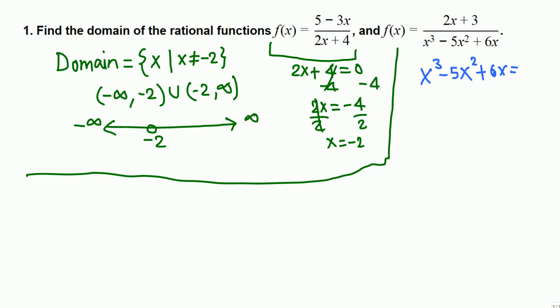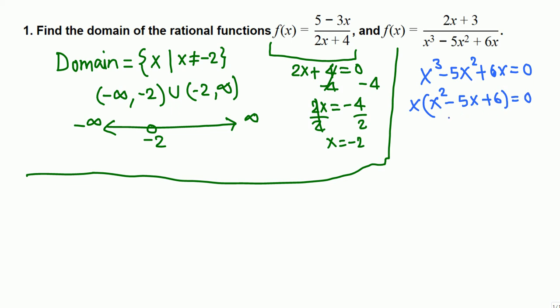So this becomes 0 for what values of x? Let's find that. We have a trinomial. Looks like we can factor x out. That leaves x squared minus 5x plus 6 equals 0.